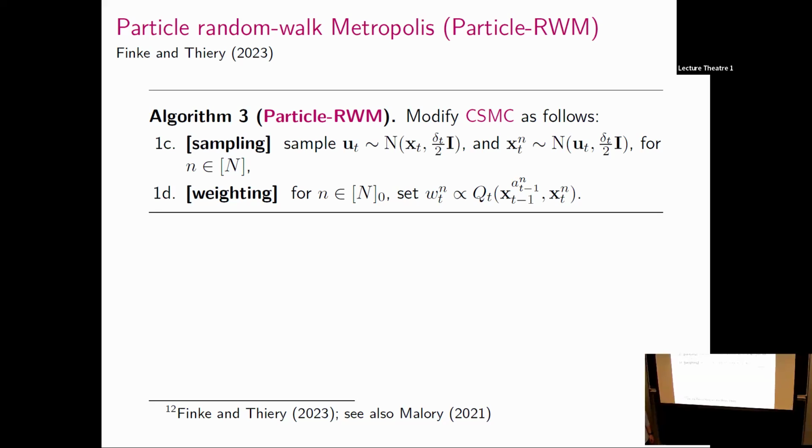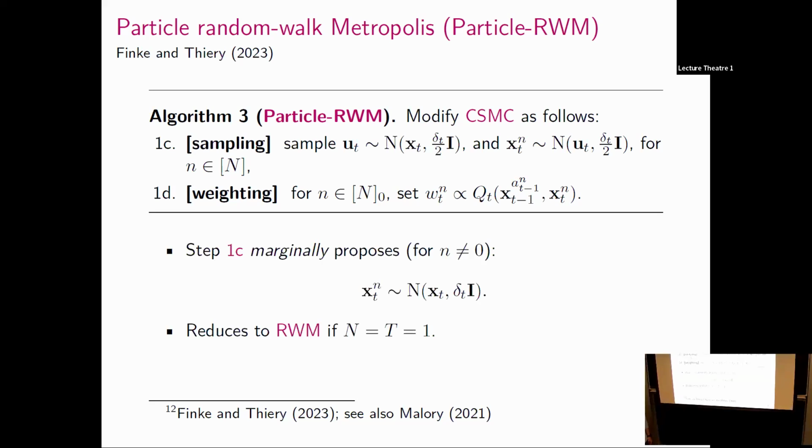They're not sampled from the mutation kernel, but they're sampled in some suitable way locally around the reference path, in such a way that marginally, if I just look at the proposal of an individual particle, it is sampled from this distribution, which is exactly the proposal of a Gaussian random-walk Metropolis algorithm. They're not independently or conditionally independently sampled, but marginally we get the Gaussian random-walk Metropolis proposal.